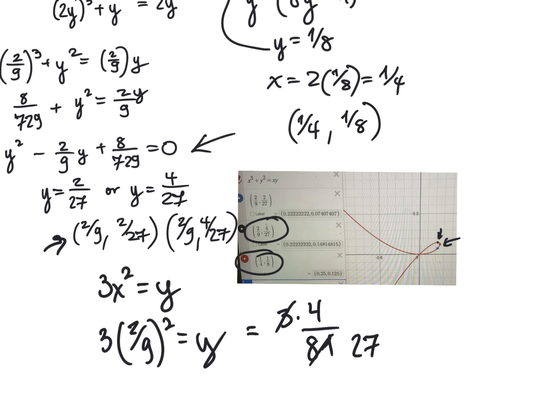But the blue point is just an extraneous solution. So just use the thing you got from the gradient. So this one is not an answer, okay?